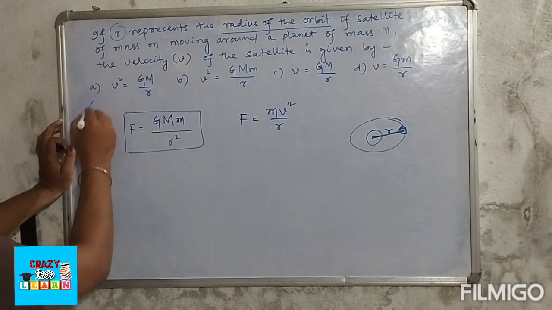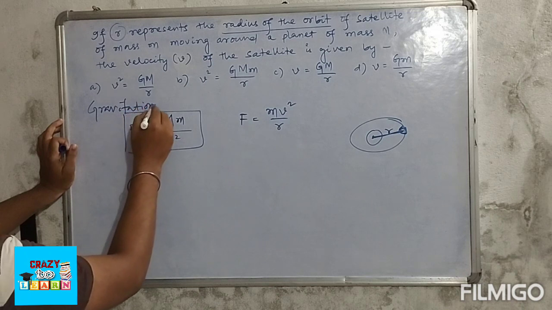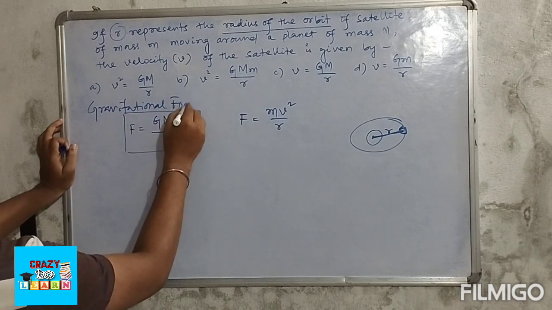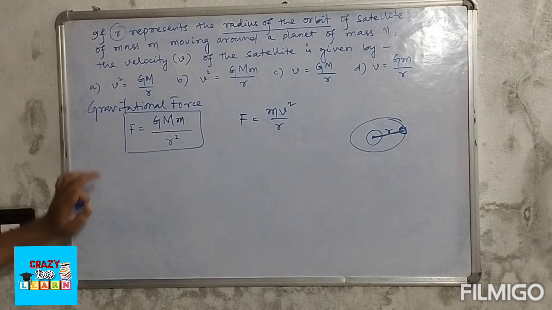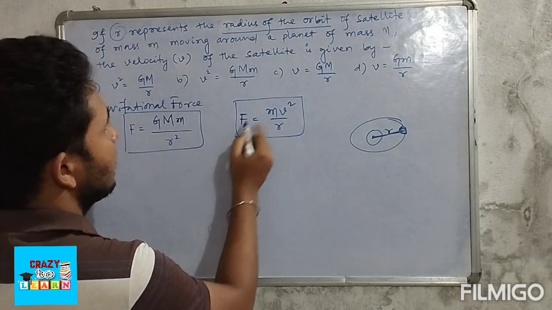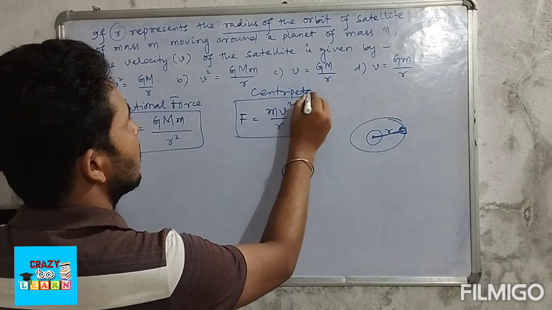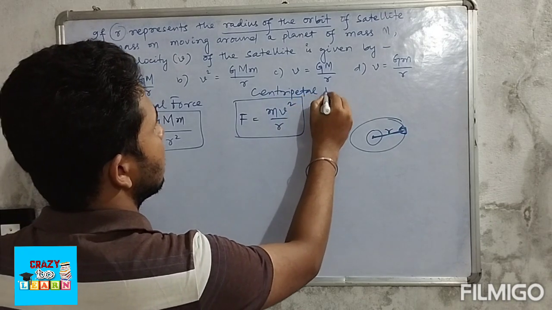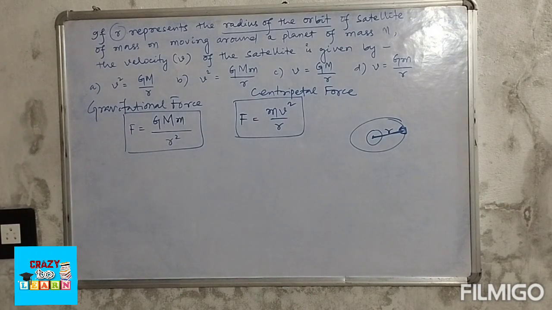The earlier one is the gravitational force of attraction according to Newton's law of gravitation, and this is the centripetal force. According to the centripetal force concept, F is equal to m v square by r.